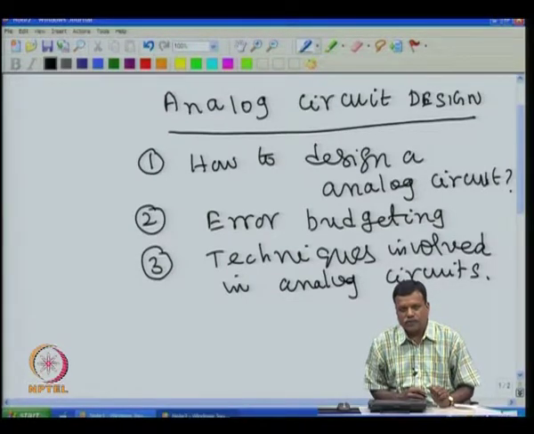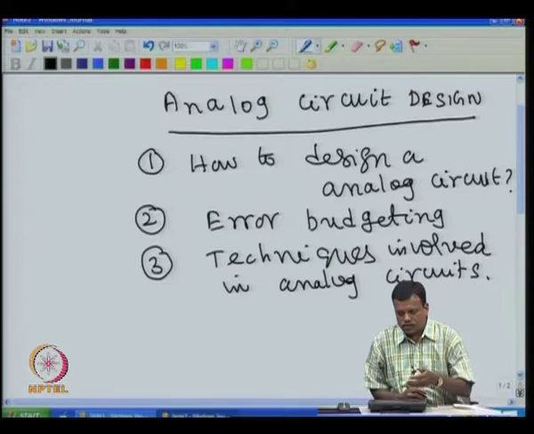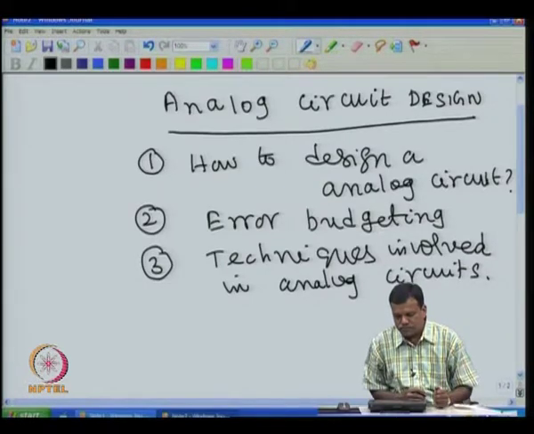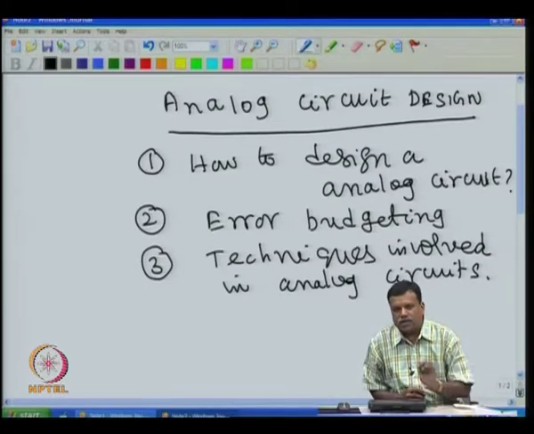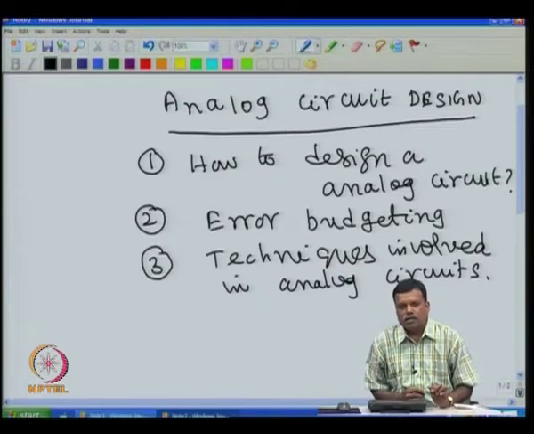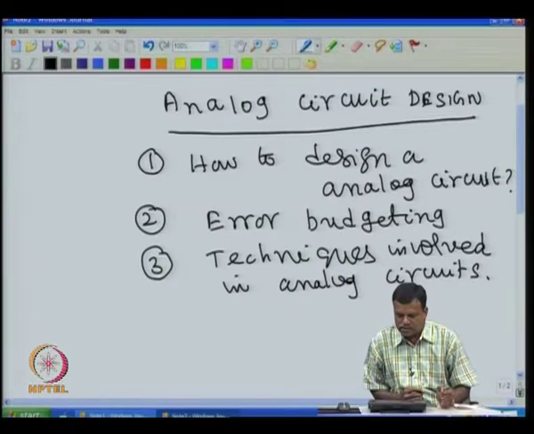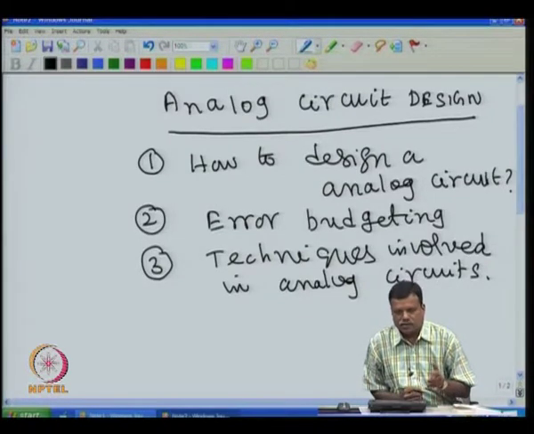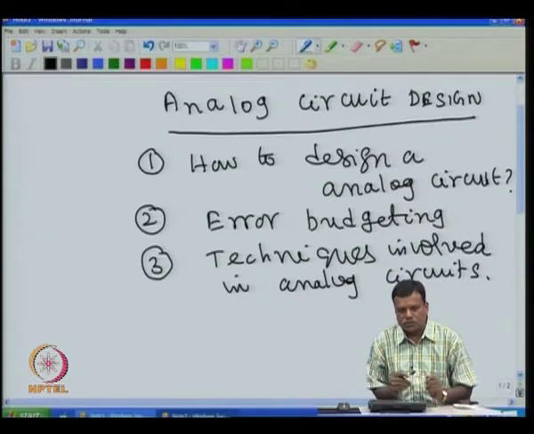Now, if you look at analog circuit design, what is involved? It is basically putting together transistors, op amps, resistors, capacitors and diodes and so on, various passive and active components, and making a circuit.